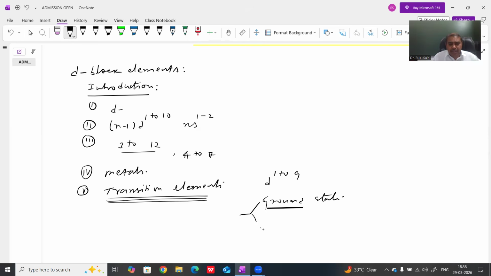For example, Mn varies from +2 to +7 oxidation state, and in any oxidation state the d orbitals of the transition element are partially filled.